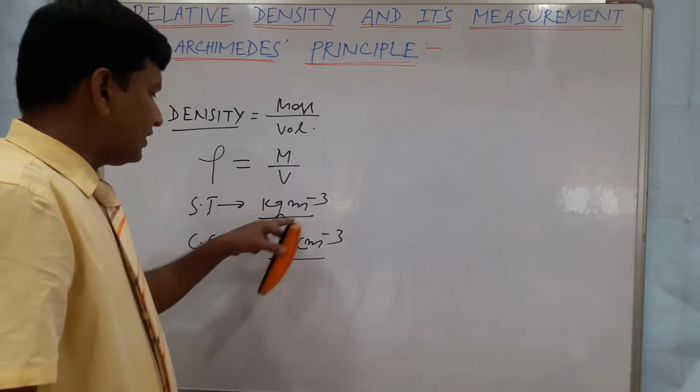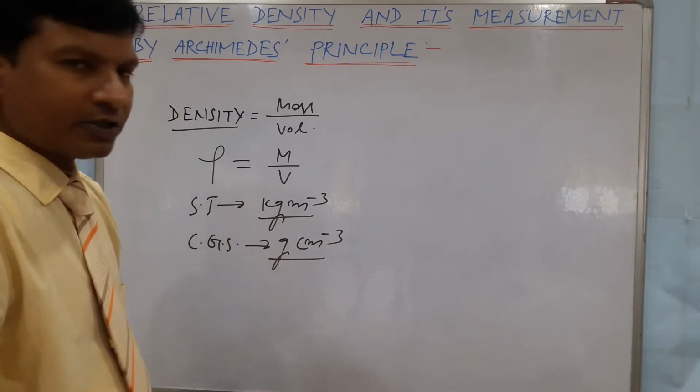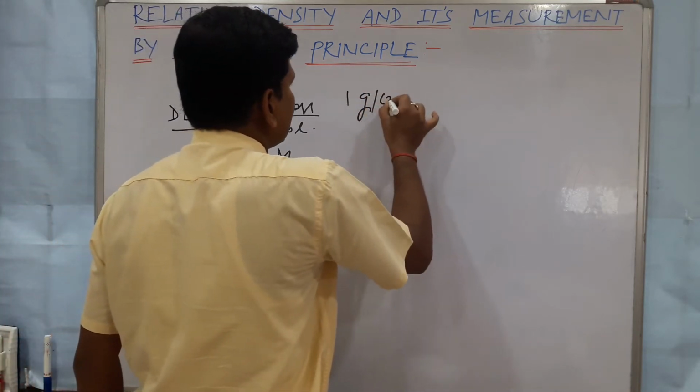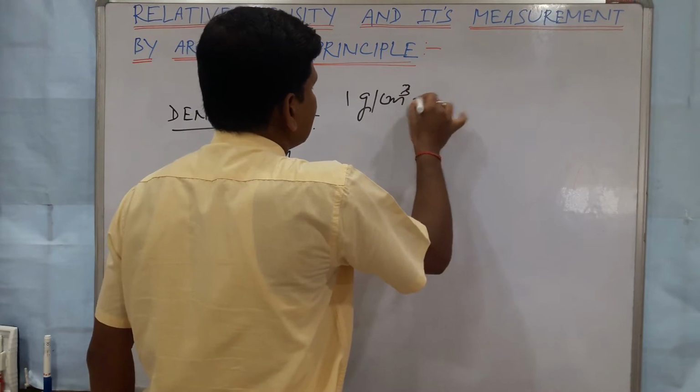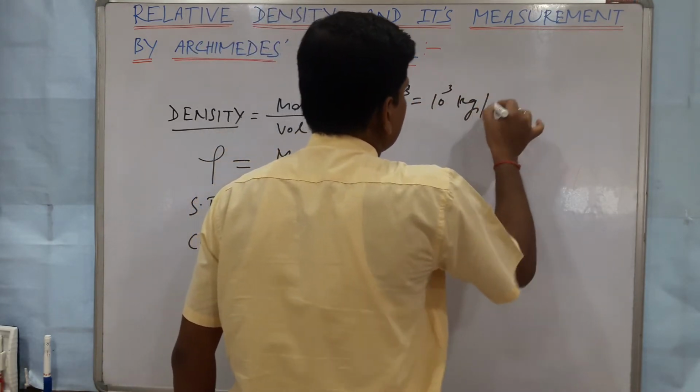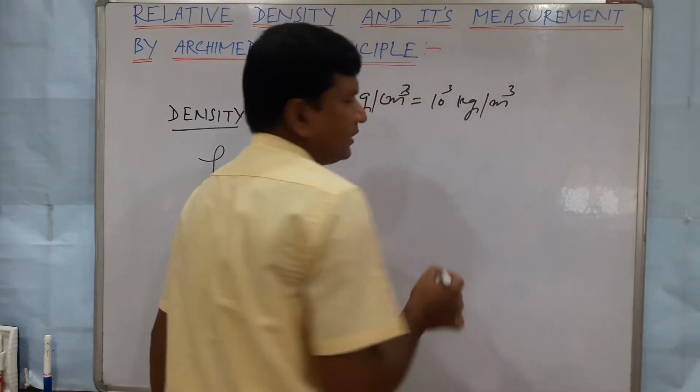How this SI unit is related to the CGS unit, that also you have known: 1 gram per centimeter cube is equal to 10 to the power 3 kg per meter cube, isn't it?